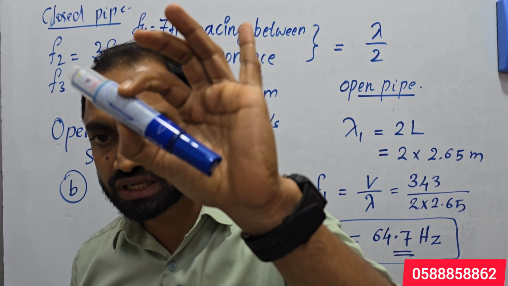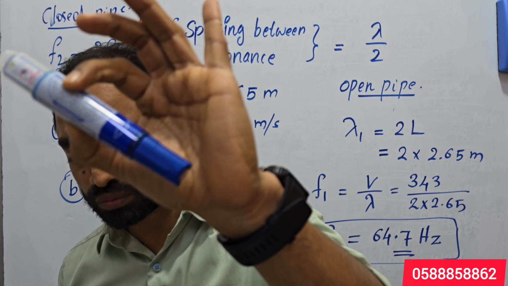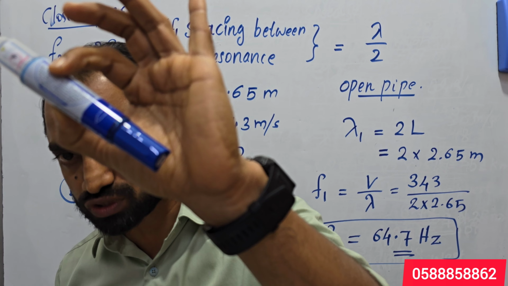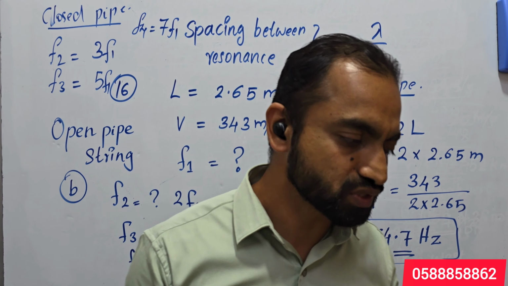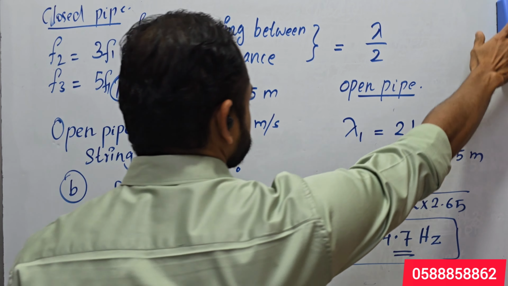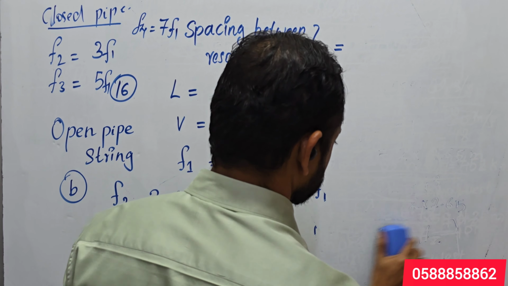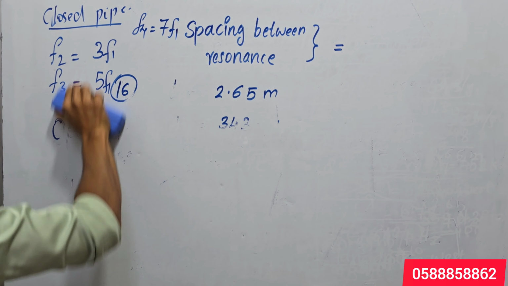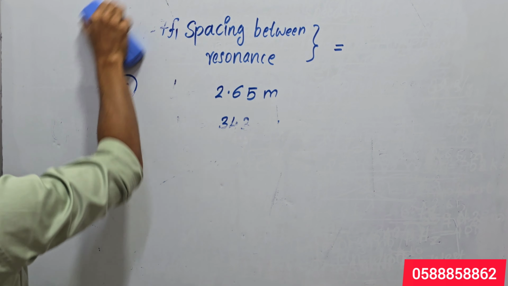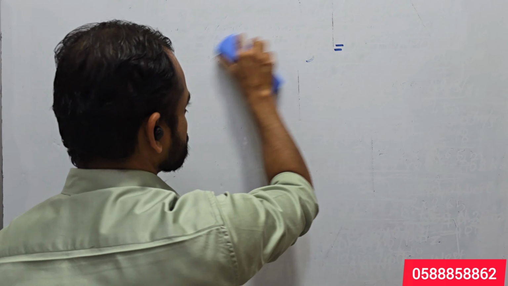So how much will its frequency be? 1 octave higher means the frequency will be 2 times, right? So 1 octave means 2 times the frequency.